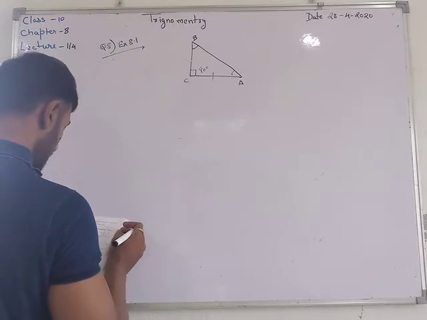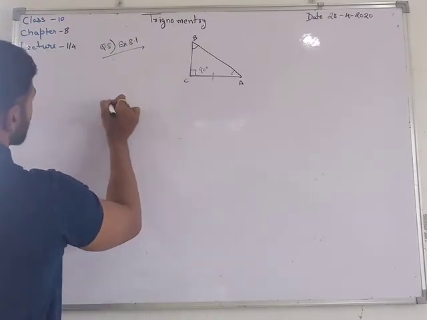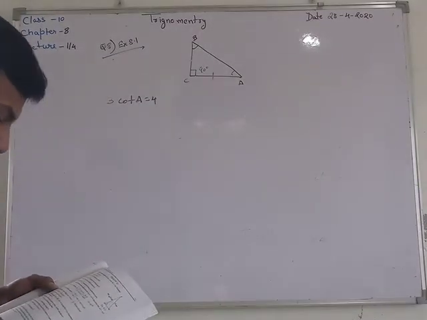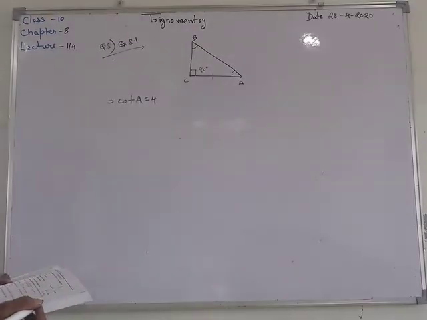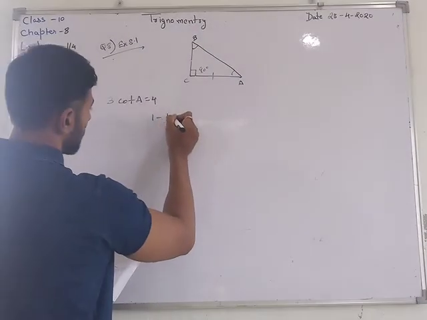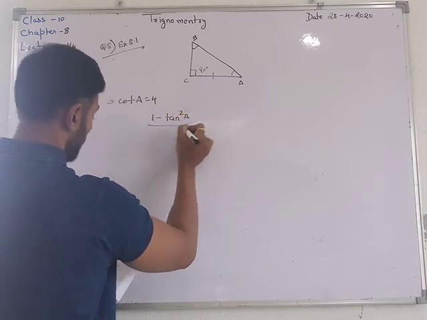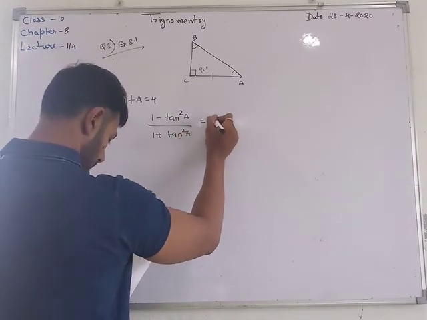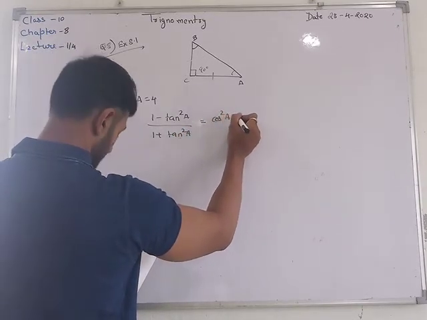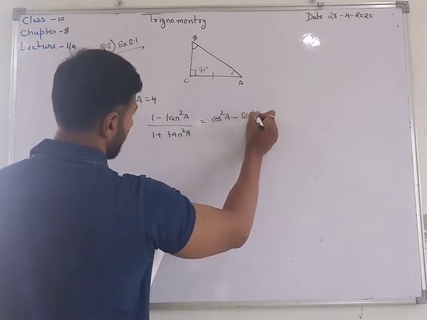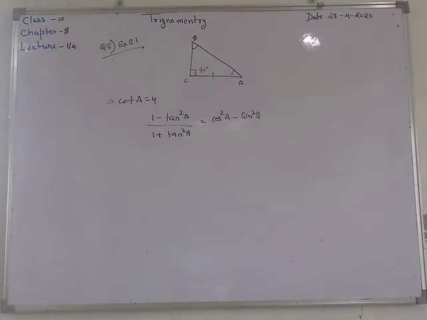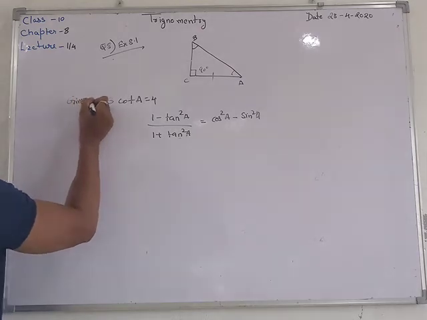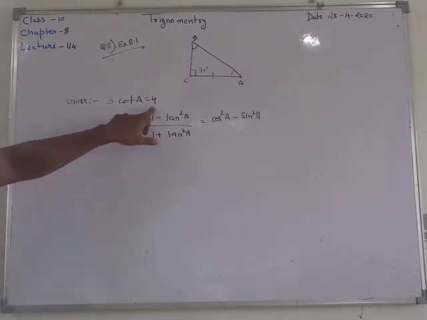If 3 cot A is equal to 4, check whether 1 minus tan square A upon 1 plus tan square A is equal to cos square A minus sin square A. In the question we are given that 3 cot A is equal to 4.